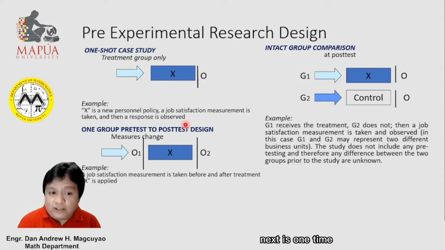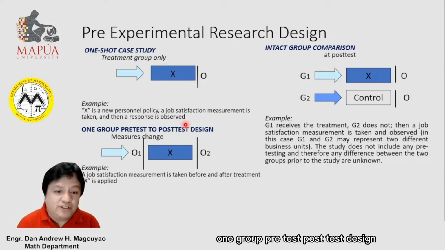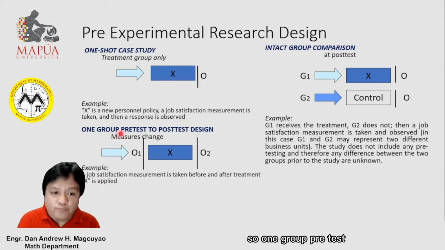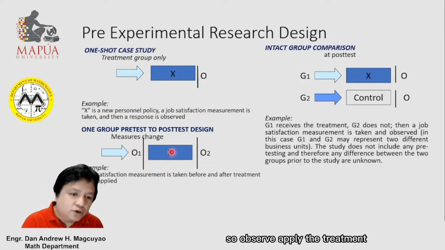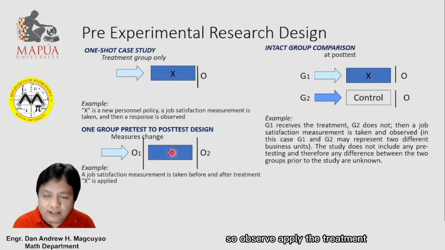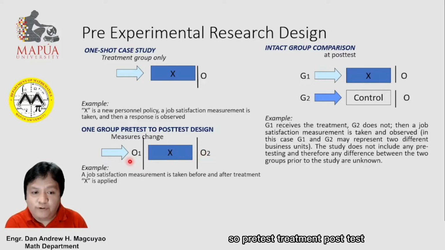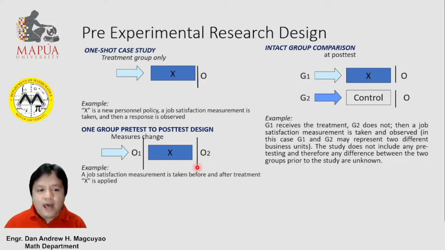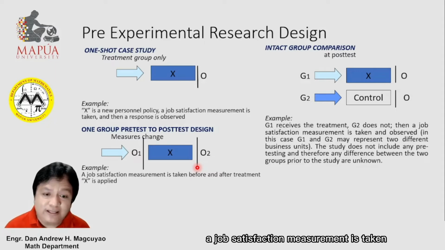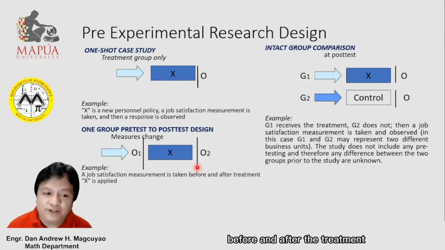Next is the one group pre-test post-test design. So you observe at the start, that would be your pre-test. You apply the treatment, and then after applying the treatment, you observe again. So pre-test, treatment, post-test. A job satisfaction measurement is taken before and after the treatment.